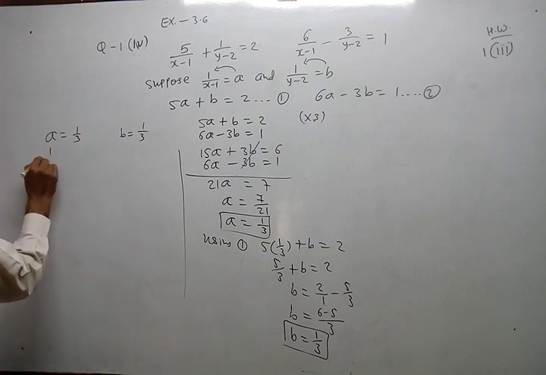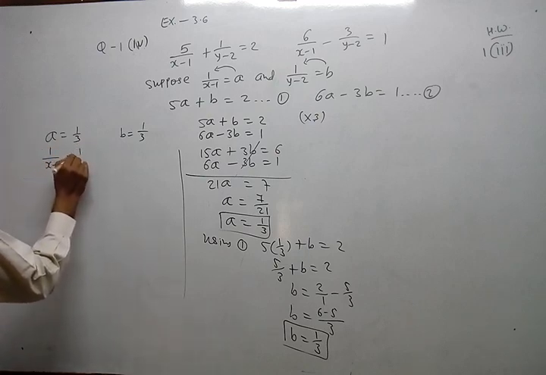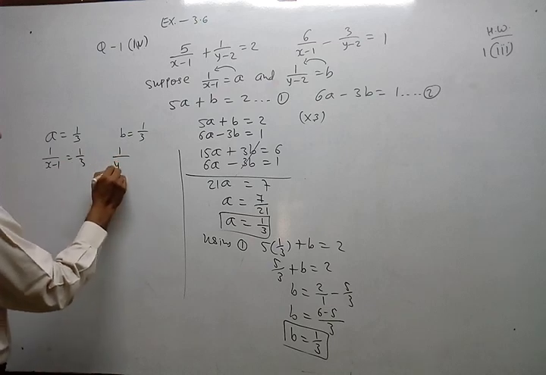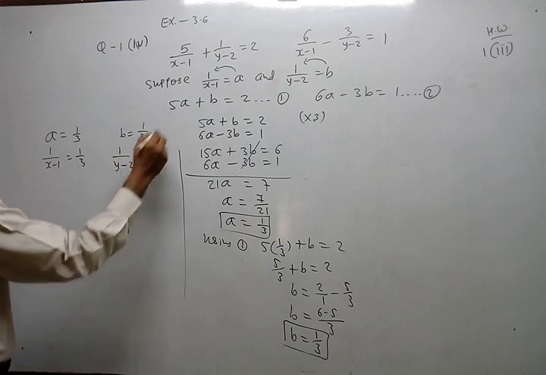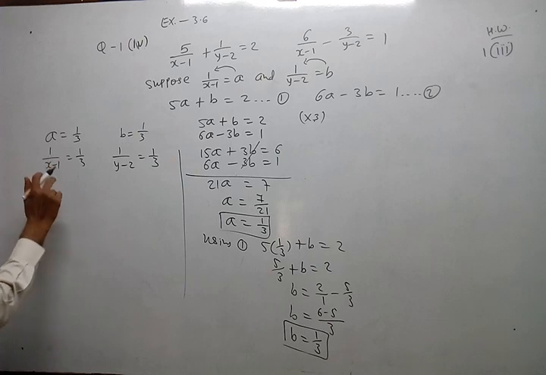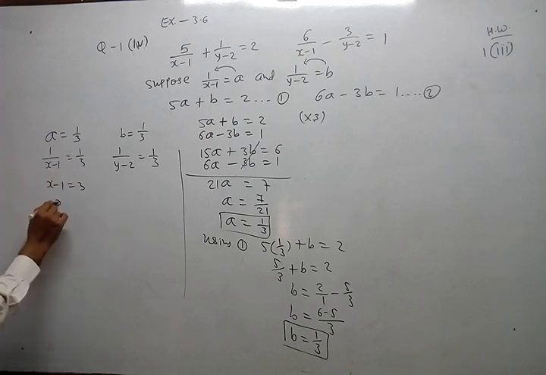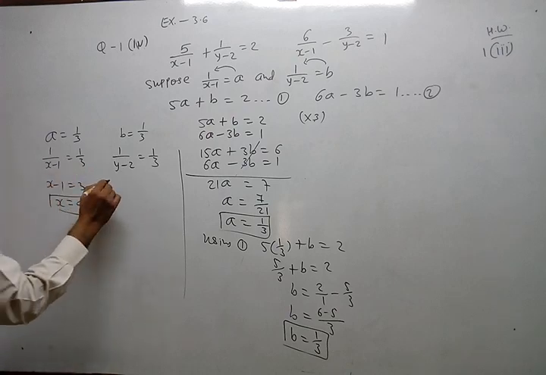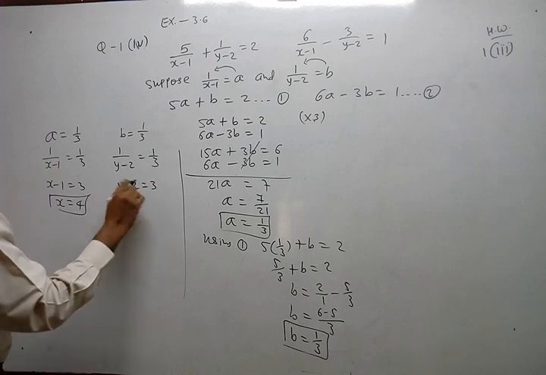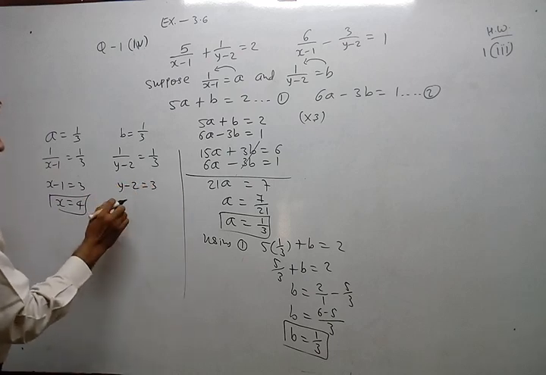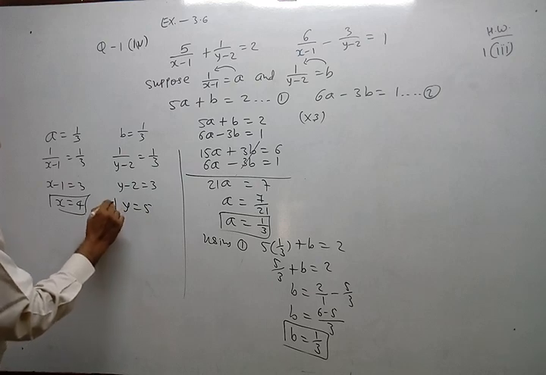So here 1 upon x minus 1 equal to 1 by 3 and here 1 upon y minus 2 equal to 1 by 3. It should be clear. So x minus 1 equal to 3, either cross multiply, otherwise invert both sides. So x equal to 3 plus 1, 4, 1 goes there, so plus. Y minus 2 equal to 3, so 2 goes there, so plus. Y equal to 5.